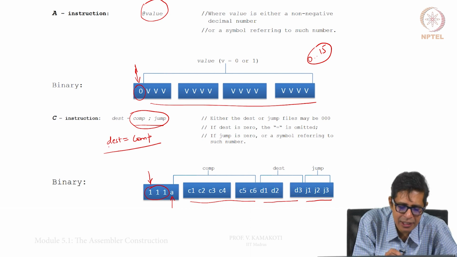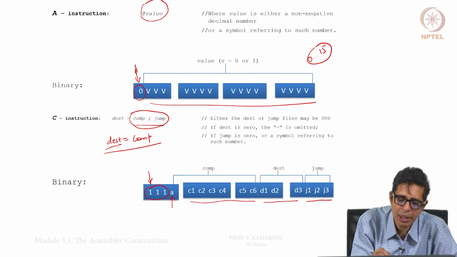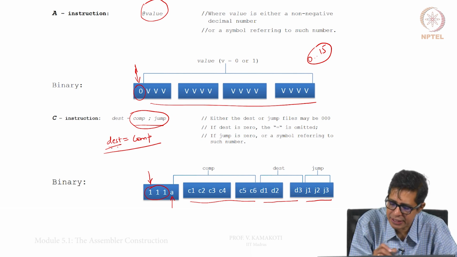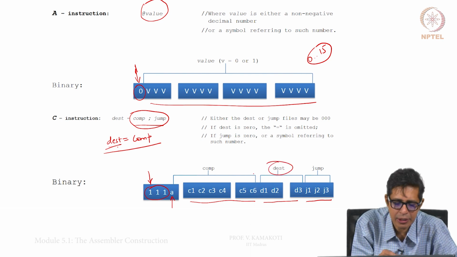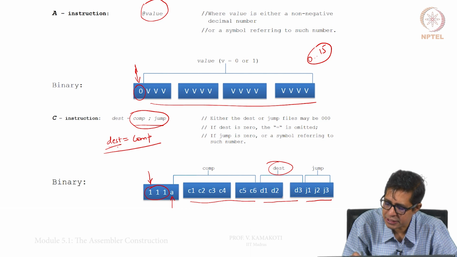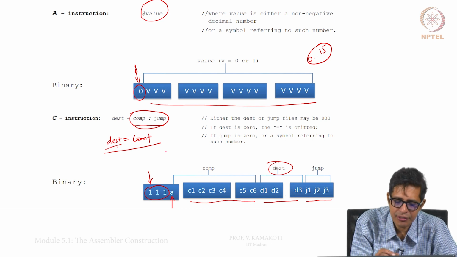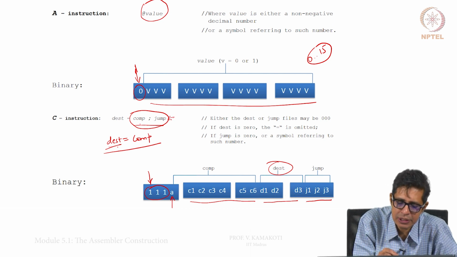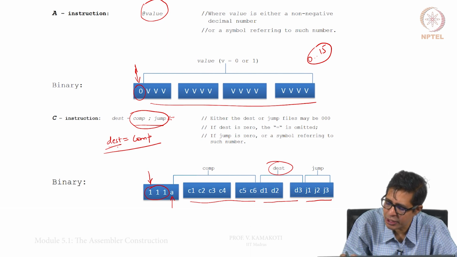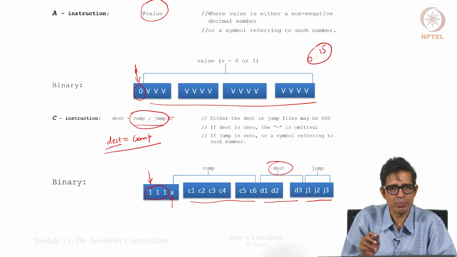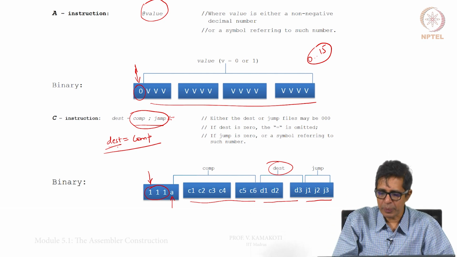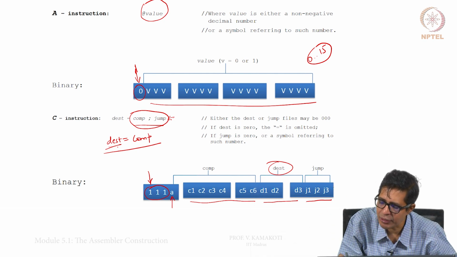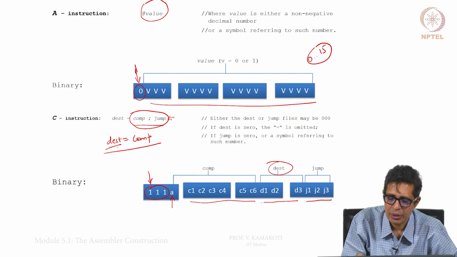The destination, in the case of jump, will not exist. In the case of non-jump, if the destination exists, the D1, D2, D3 bits tell you what the destination is, and in the jump type, J1, J2, J3 tell you the type of jump. If I have dest equals comp, automatically J1, J2, J3 become 0.